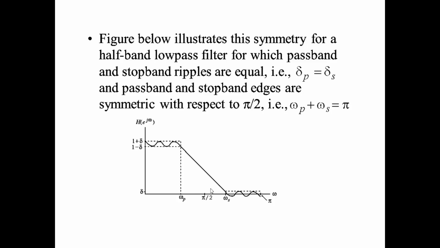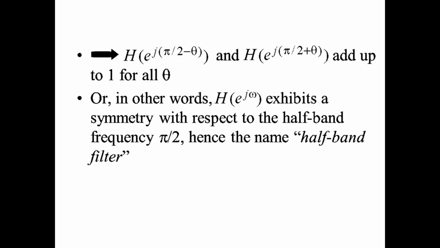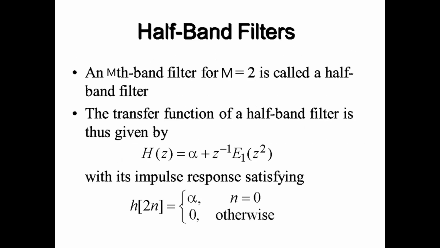That is why these filters are known as half band filters, and we will see that omega p plus omega s will be equal to pi. That's the relationship between the passband edge and the stopband edge. So this is a special case of Nyquist filter, which is the half band filter.